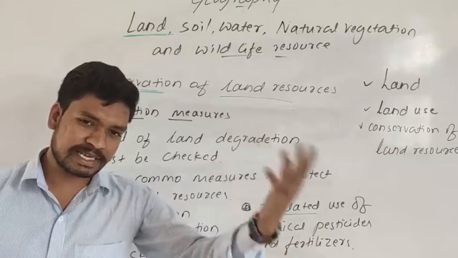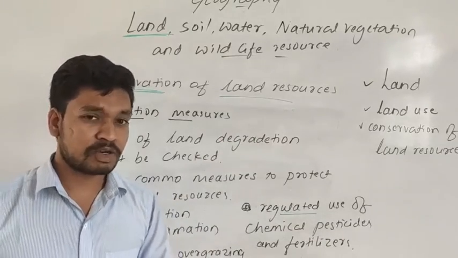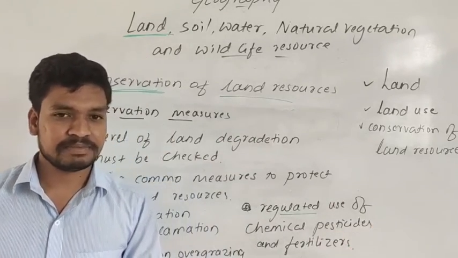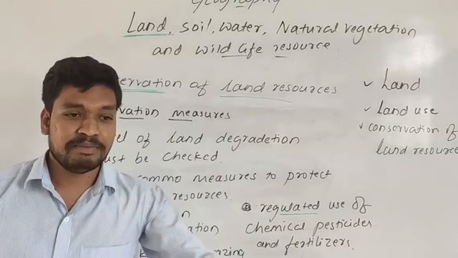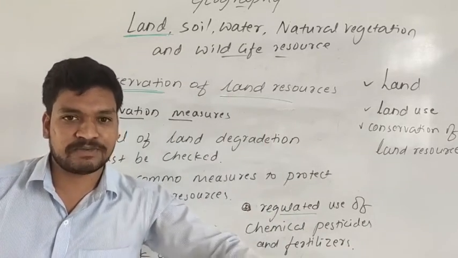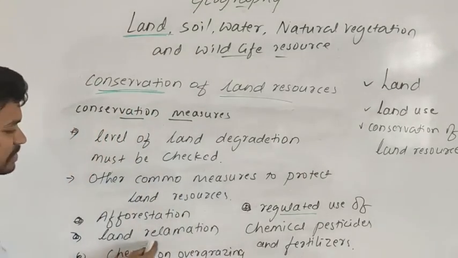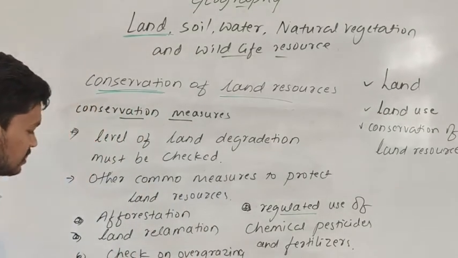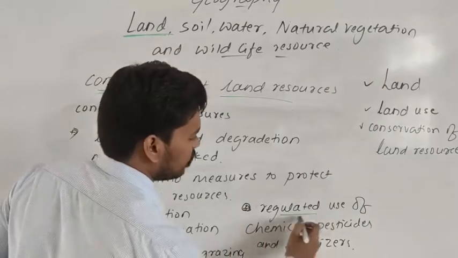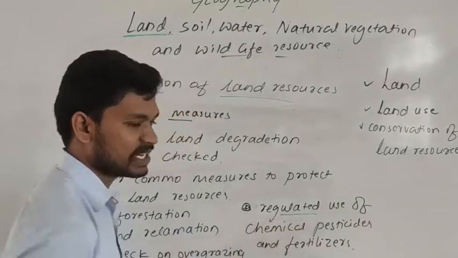But nobody is making use of that land. So reclaiming means making use of such a wasteland for cultivation, agriculture. It's land reclamation. We can make use of that land for such activities. Then regulating use of chemical pesticides and fertilizer.